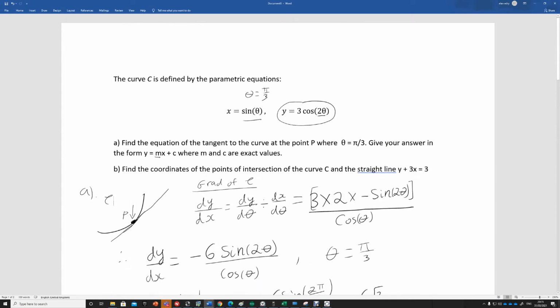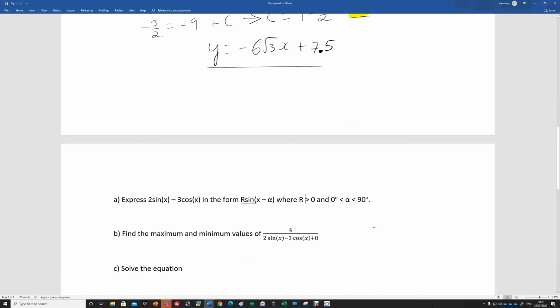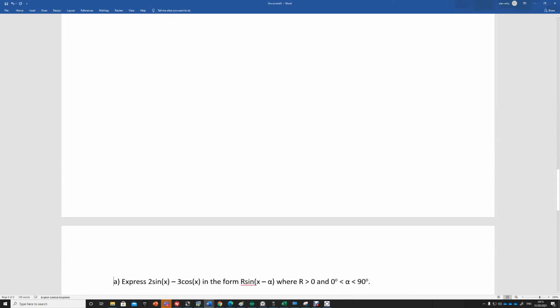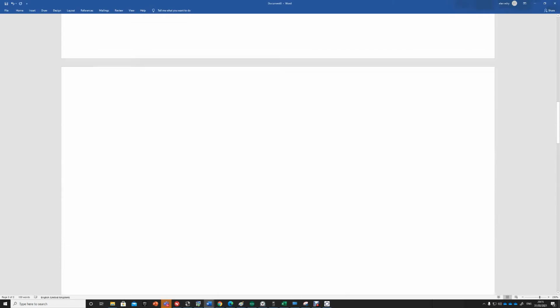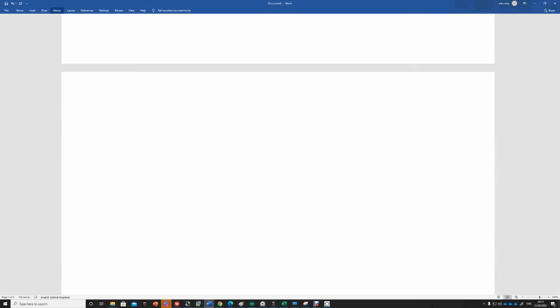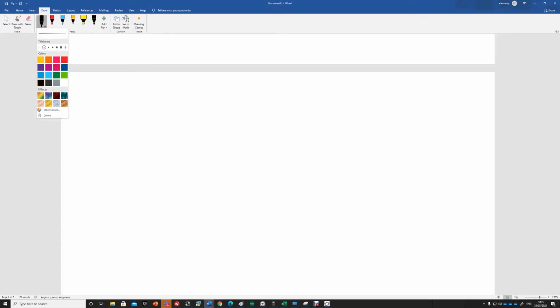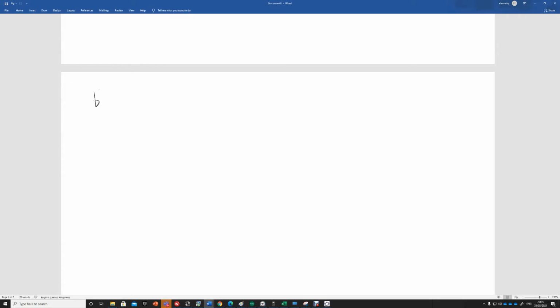Part 2 of the question asks me to find the coordinates of the points of intersection of the curve C and the straight line y plus 3x is equal to 3. So we'll do that here. So let me remind myself of the equations. We know this is for part B now. We know x is equal to sine theta.